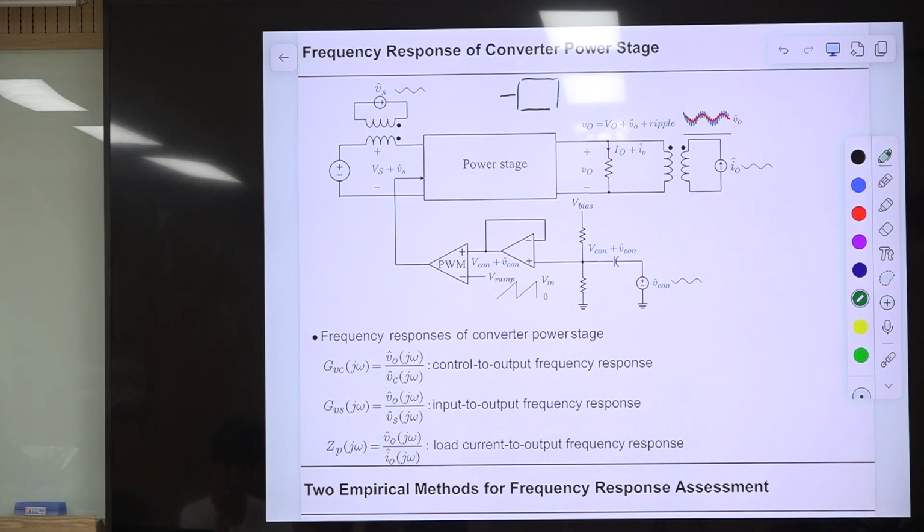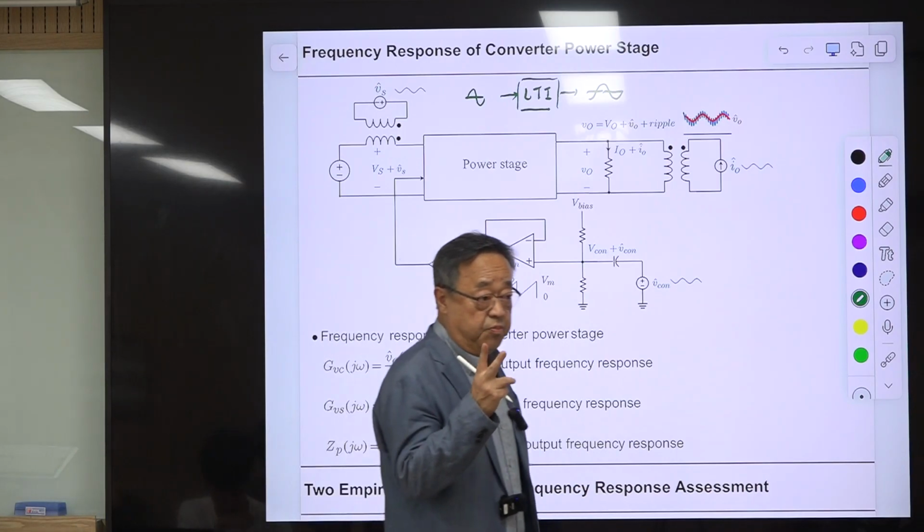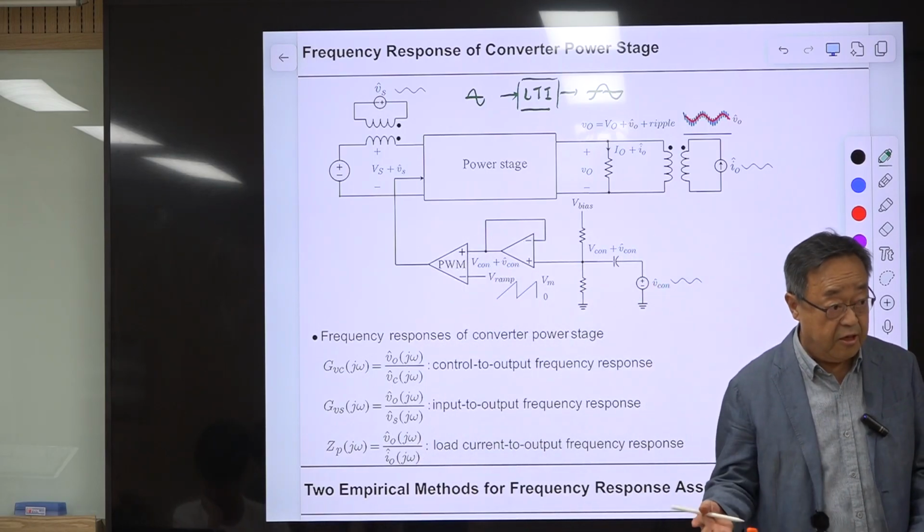This is the input and this is the output, and you are applying a sinusoidal waveform to the input of the linear time invariant system. Then the output will be sinusoid, and the frequency and the shape remain the same. 2 things will be changed: one is amplitude, another one is phase delay.